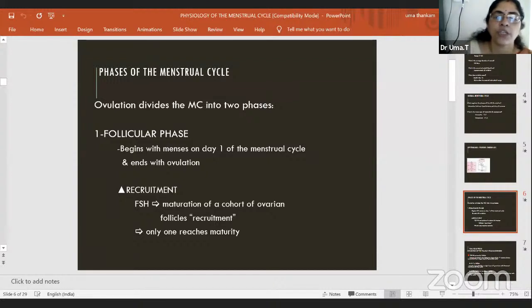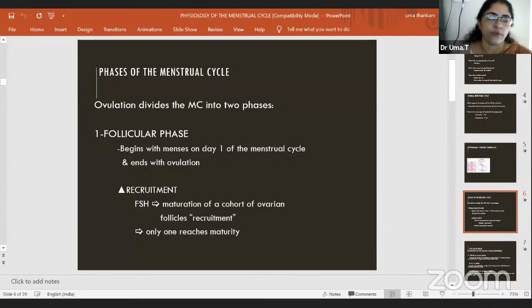This is decided almost 3 months beforehand. Although the actual maturation starts with the onset of the menstrual cycle, which follicle starts developing is decided earlier. We don't know for sure what decides it, but one thing is certain: they should be receptive to FSH.